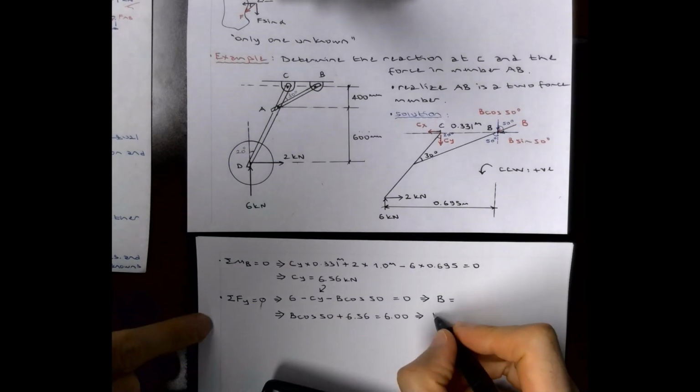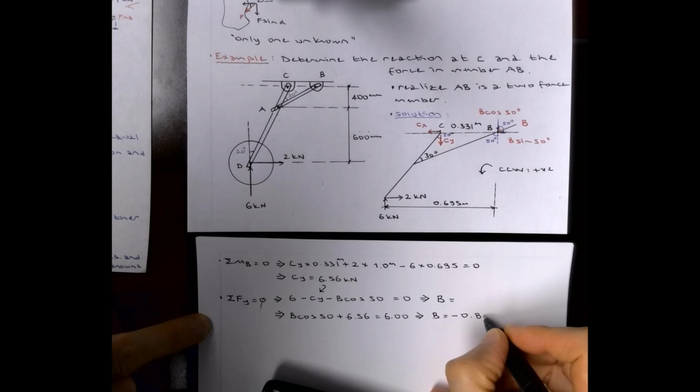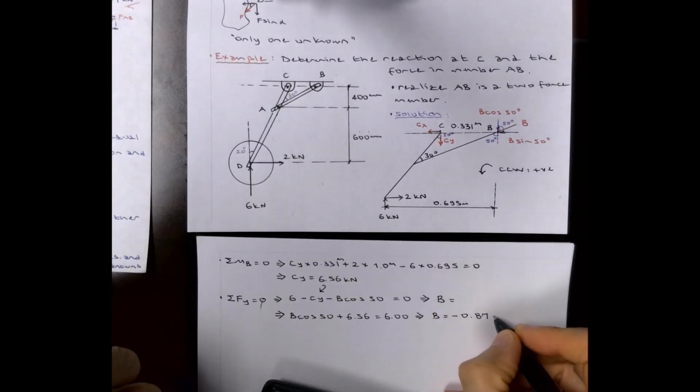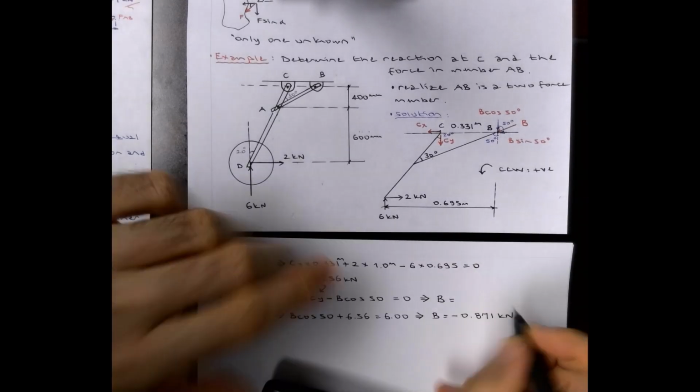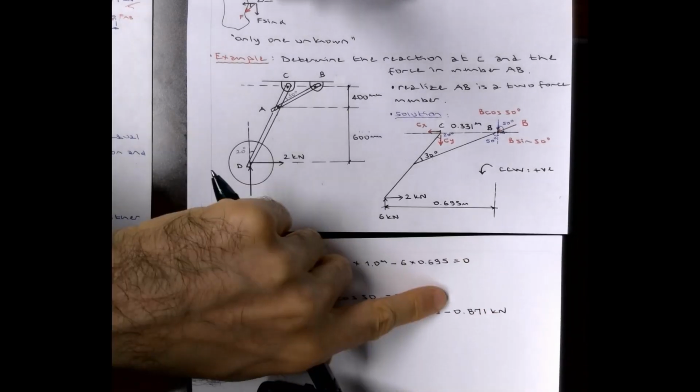So if you do that, B will come out to be minus 0.871 kilonewtons, right? So minus means it is in the opposite direction.